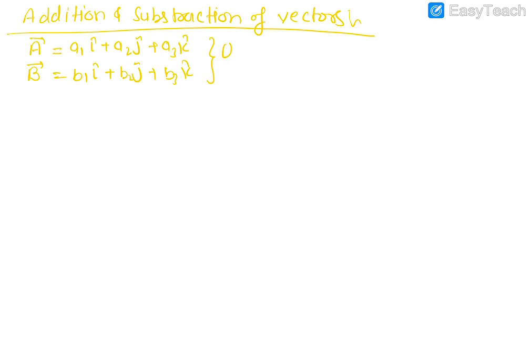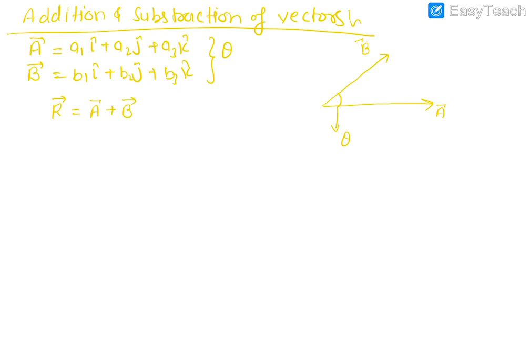The angle between these two is theta. Suppose these are two vectors, one is this a vector, another is this b vector. The angle between these two I assumed theta. Suppose r vector is the resultant vector, giving us a plus b vector.